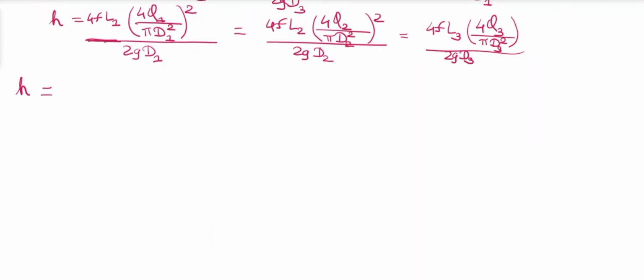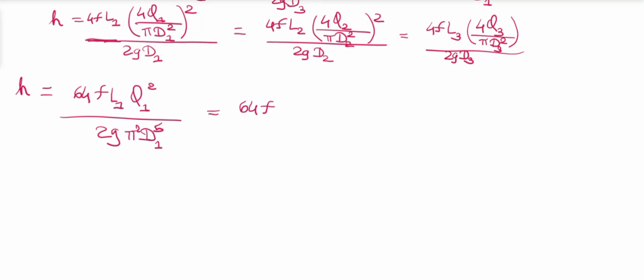Now we'll be solving each one separately, which is h is equal to, this will become 64 because 4 square is 16 and 16 into 4 is 64. I have just opened the bracket. 64 f L1 Q1 square upon this d1 square whole square, so it is d1 raised to 4 into d1, which is d1 raised to 5.